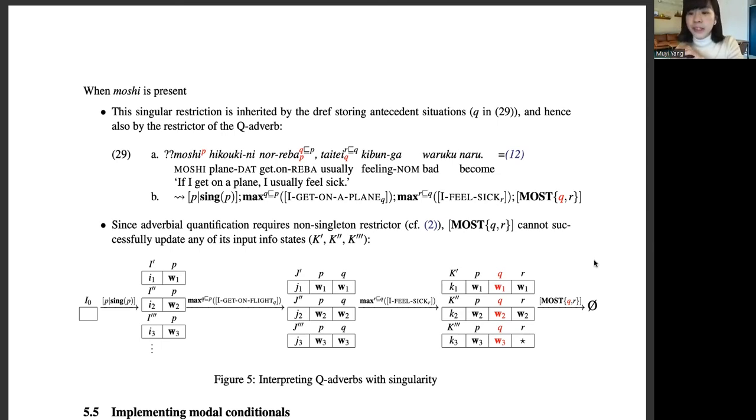If you cannot interpret a sentence, you just output an absurd information state, and that's also the case for falsity. So I guess that's why I was sloppy using this language.